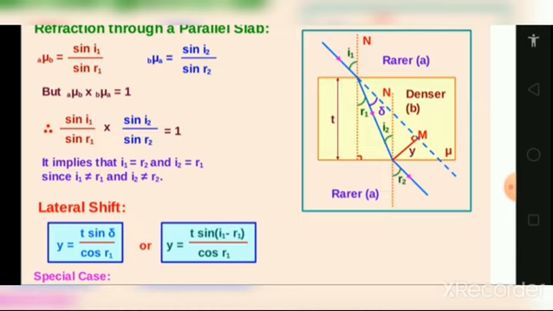That equation is the general result for 2, 3 or more media. You can also write n31 is equal to n32 multiplied by n21.